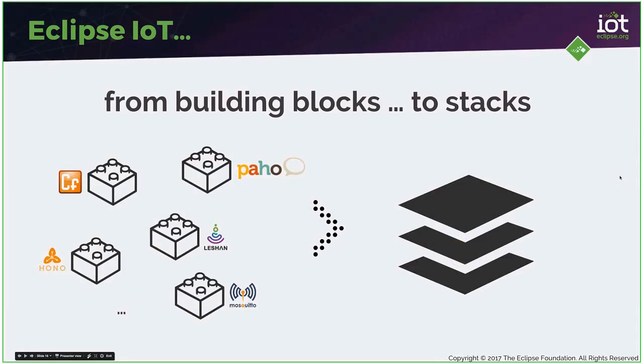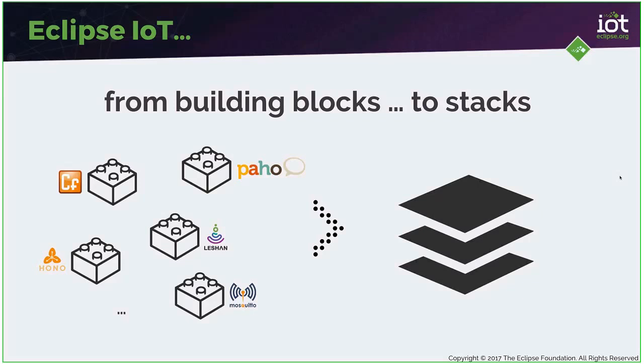And so, looking at the technology now, if you've been following what's been going on at Eclipse since day one, we used to tell this story where Eclipse IoT would be the place where you can download the building blocks of your IoT solution.